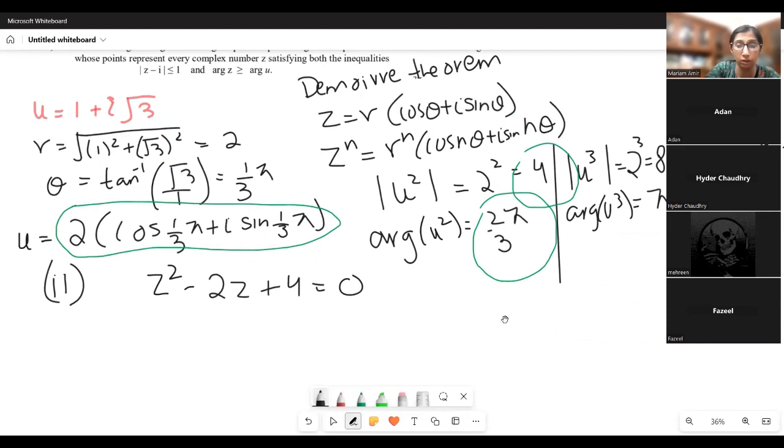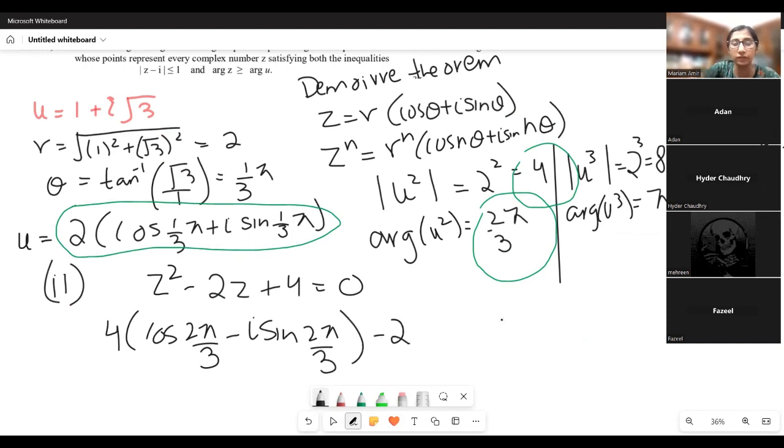It's 4 times cos 2 pi by 3 minus iota sine 2 pi by 3, minus 2 times z is 2 times, फिर से 2 cos pi by 3 माइनस यहाँ मैंने क्यों रखा है, एक्चुअली प्लस iota sine pi by 3, and then there is plus 4 with it.